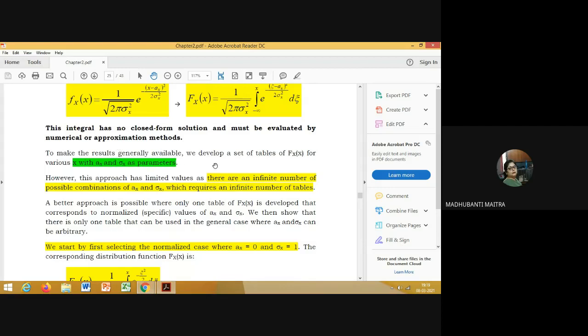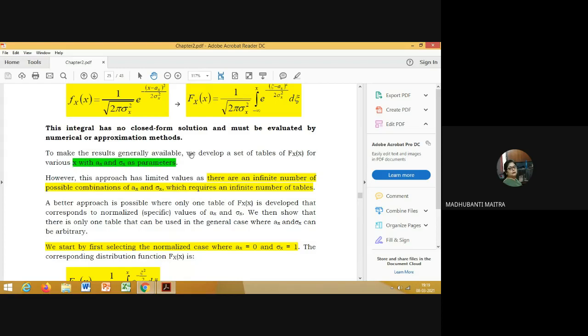We develop a set of tables of F_x(x) for various values of x with a_x and sigma_x as parameters. That means if we fix the value of a_x and sigma_x, then we can prepare a table where we can provide values of F_x(x) versus different values of x.